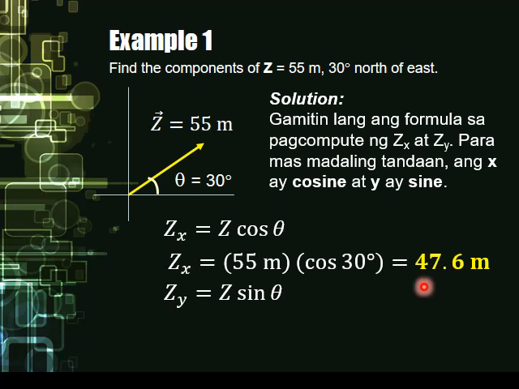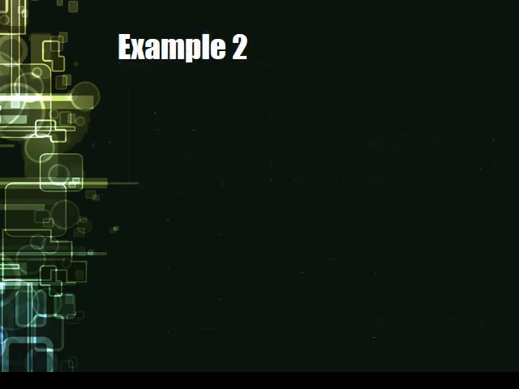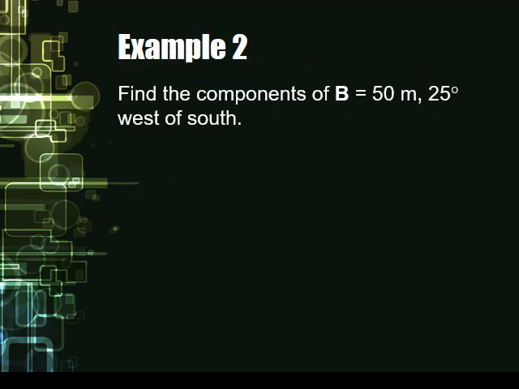Ang Z sub y, remember, kapag nagsosolve ka ng y component, ang kapartner niya ay sine. So, this will be 55 meters times sine 30 degrees, that's equal to 27.5 meters. Okay, yun na yung pag-solve ng x and y components.